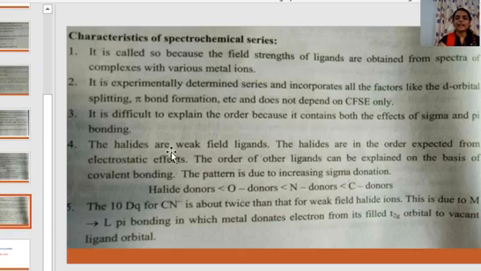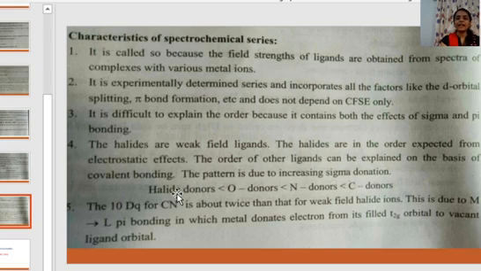The halides are weak field ligands. The halides are in the order expected from electrostatic effects. The order of other ligands can be explained on the basis of covalent bonding. The pattern is due to increasing sigma donation.